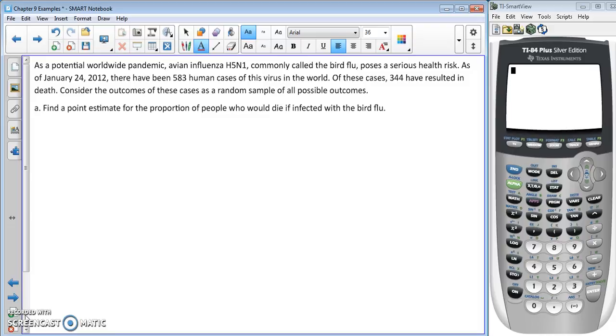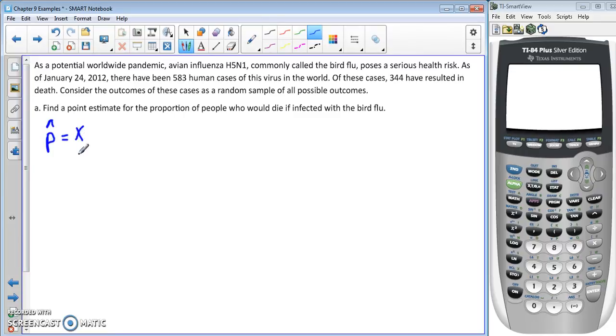So, point estimate here is p hat, and that is x over n, where x is the number of people with the characteristic, and n is our sample size there. So, this is 344 out of 583.